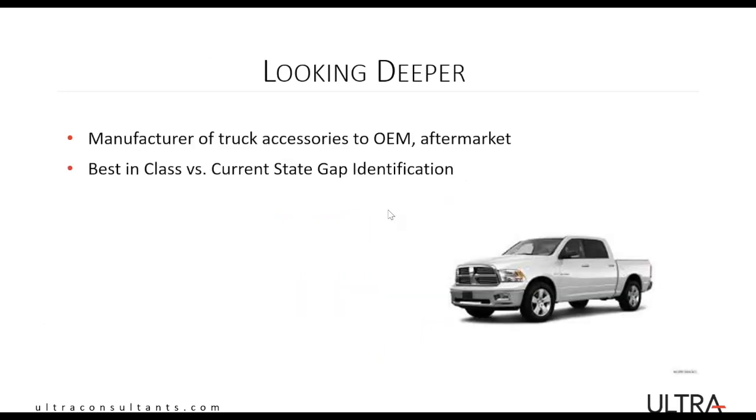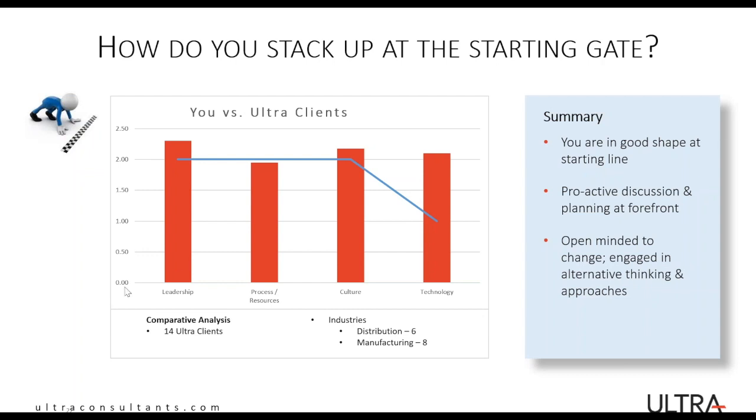So, for example, we have a client that does aftermarket truck accessories, and as we went in, we did a high-level capability assessment with them, and we broke it down into not just the processes like we're talking about, but also leadership, culture, and technology.